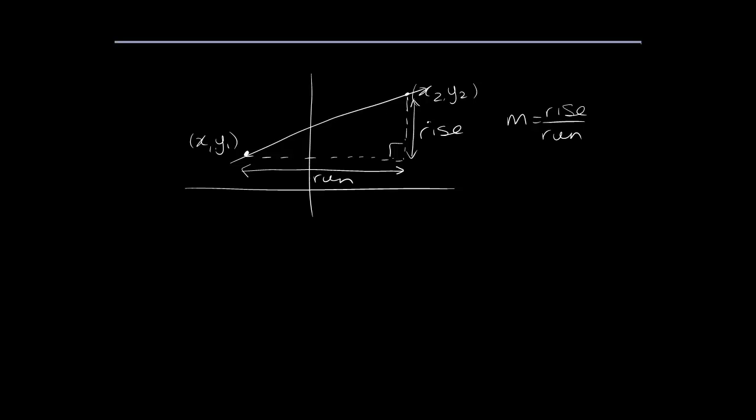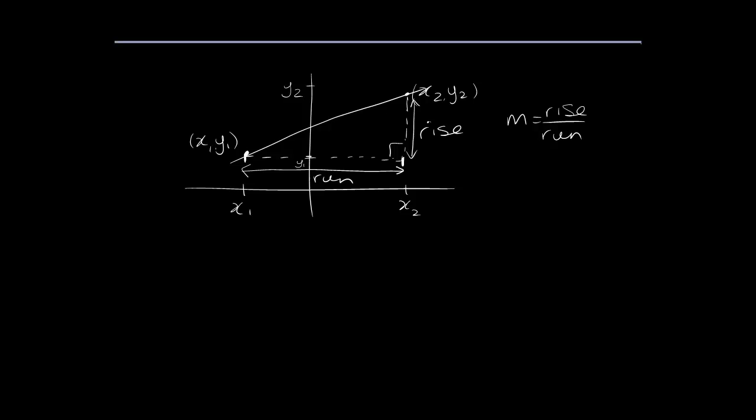Because of the positioning of the points, this value will be x1 and that value will be y1, and over here we've got x2 and y2. Let's think about that run part. That distance must be given by this value subtract this value.